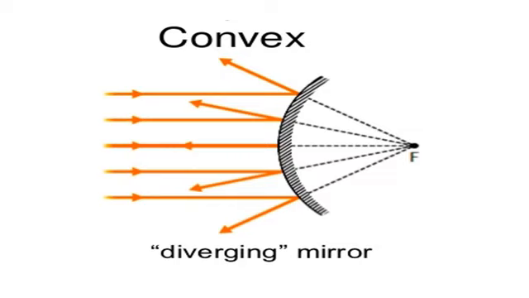In a convex mirror, the outer surface acts as the reflective surface. All the incident rays, after striking this reflective surface, get deflected into different directions. Hence, such mirrors are also called diverging mirrors.